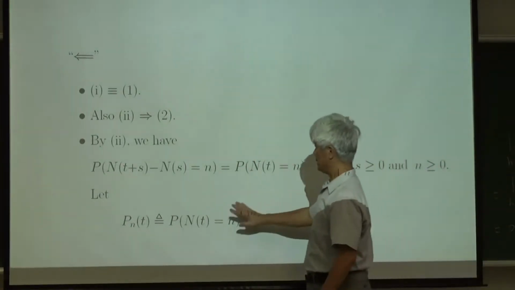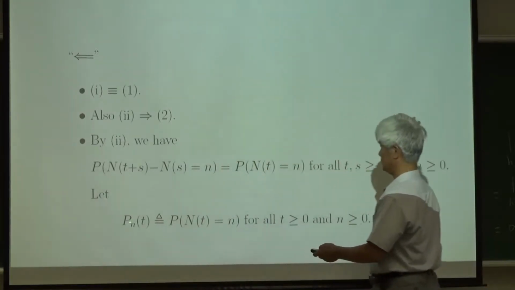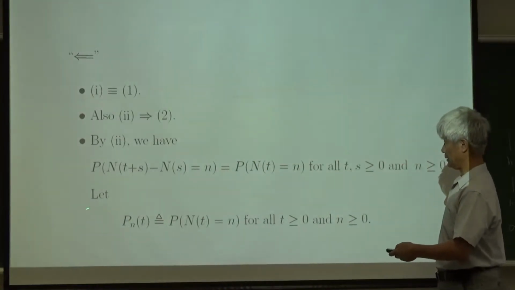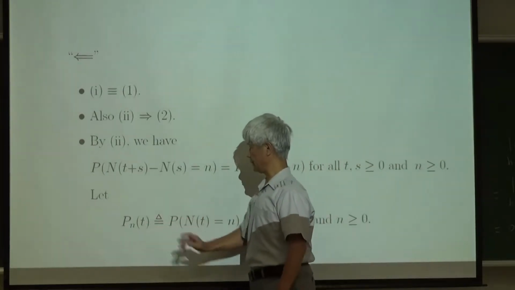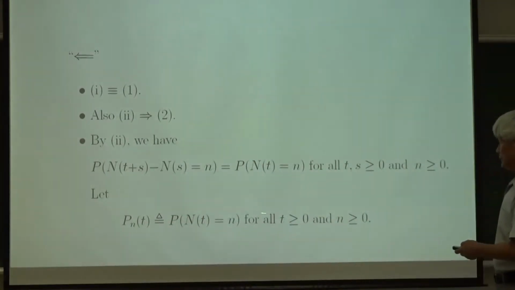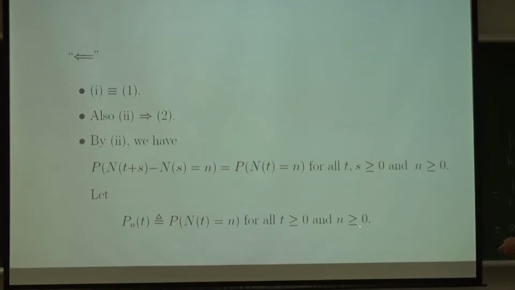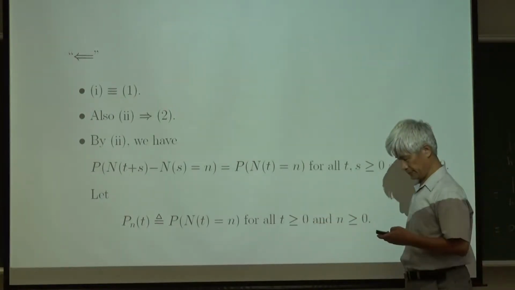Now relate this probability, as P_n(t). So it depends on n as well as t. So we have that, for all t greater than 0 and non-negative integer n. So this is the starting point.